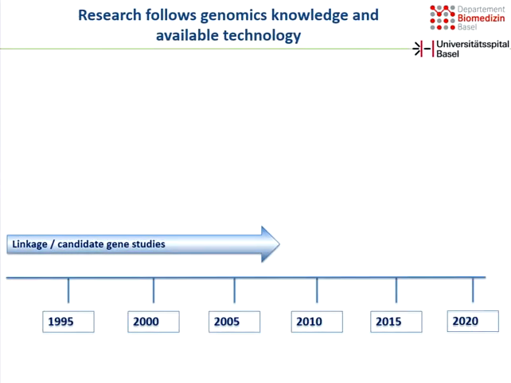Now, the research that is done always follows genomics knowledge and also the available technology. This is a time frame from the 1990s to now. In the beginning, psychiatric genetics started with linkage and candidate gene studies. Jason already talked about these technologies.